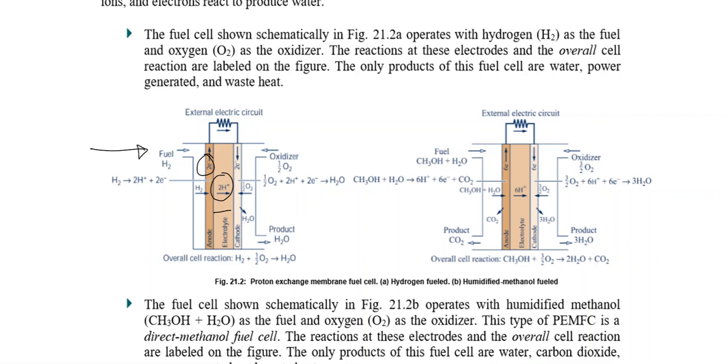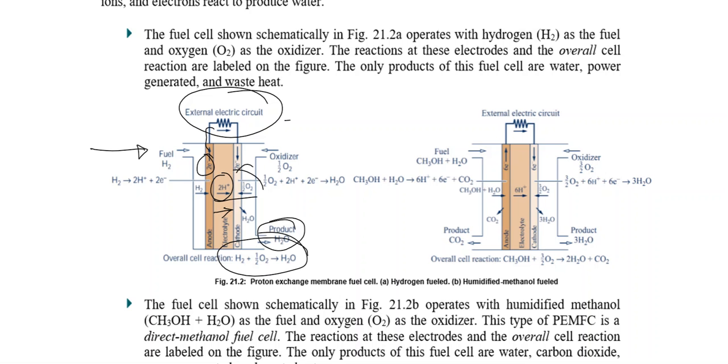The positive ions will be allowed to move inside the electrolyte, while the negative ones would be barred from going through the electrolyte, but an external circuit or external path would be provided where we would be getting the electrical current as well. At the cathode side, when the hydrogen ions and the electrons reach the cathode, the oxygen would be reduced into ions, and then these oxygen ions and hydrogen ions would react to make water. So this is the reaction. I hope you would be able to understand this common reaction.